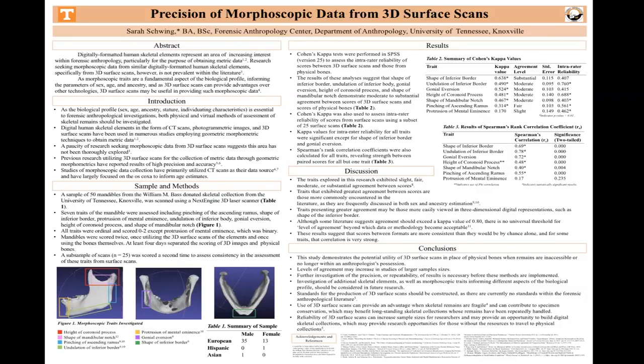Shape of the inferior border, so that's the trait depicted in the rightmost image in figure 1. Undulation, as well as protrusion of the mental eminence, which are the lime green and yellow highlighted traits in that leftmost image. Those are fairly frequently cited, as well as pinching of the ascending ramus, which is highlighted in that bright blue color. Those three are cited more frequently in ancestry estimation.